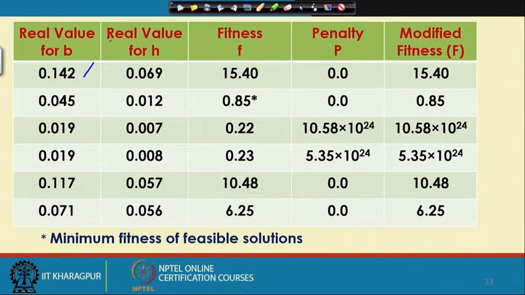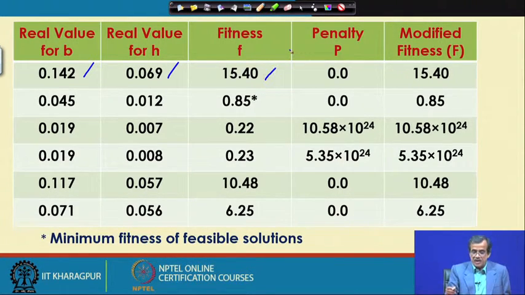Corresponding to the first GA string, the real value of h is this, and the fitness I have already calculated. There is no violation of the functional constraint. So, the penalty term will become equal to 0 and the modified fitness capital F will remain same as the small f.